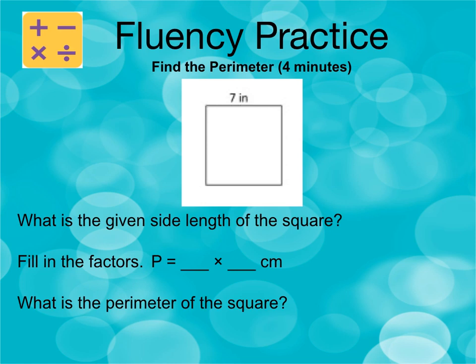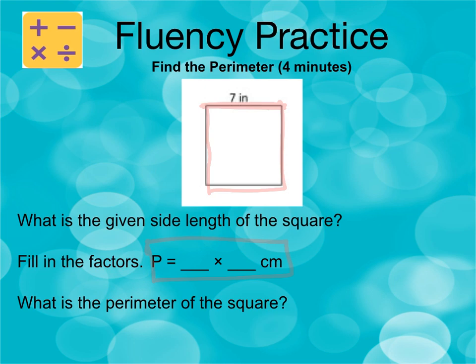Hey, here's another perimeter problem. What is the given side length of the square? Our given side length is 7. Fill in the factors. P is equal to blank times blank centimeters. So if I know that I have 4 sides on my square and each side length measures 7, what would I fill in down here for my equation to figure out the perimeter?